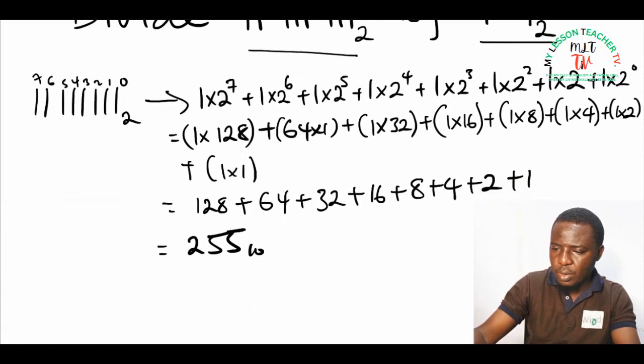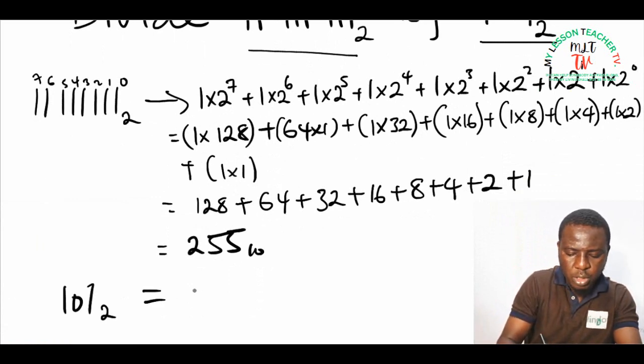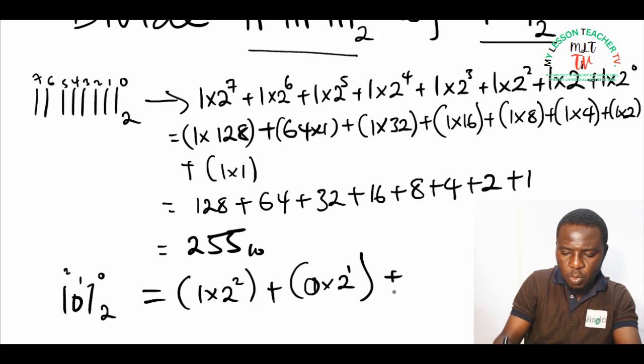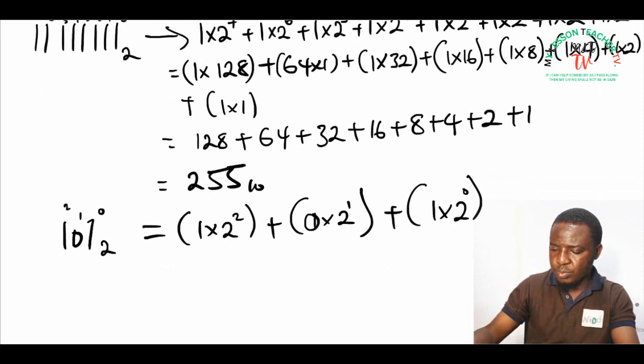We'll also convert 101 base 2 to base 10. So 101 base 2 being converted to base 10, this is 0, 1, 2. We have 1 times 2 raised to power 2 plus 0 times 2 raised to power 1 plus 1 times 2 raised to power 0.